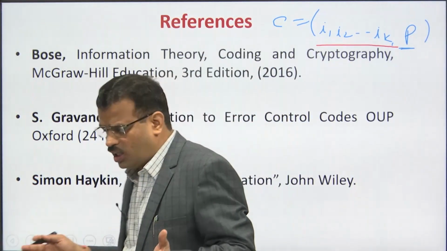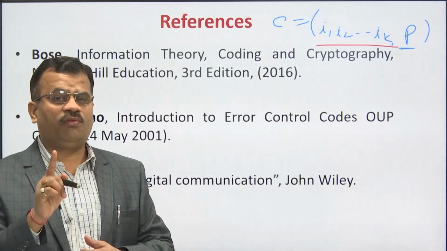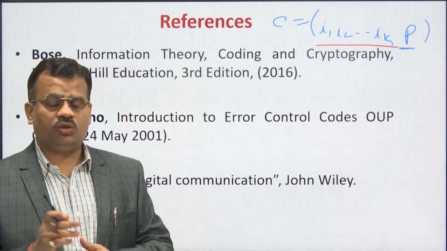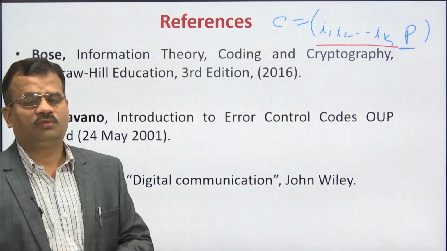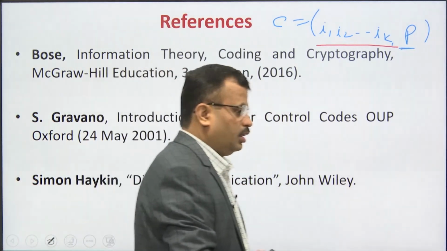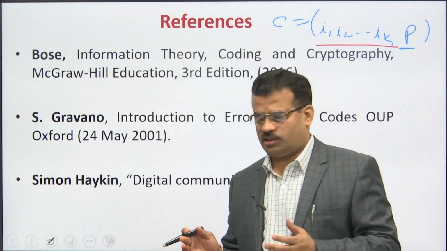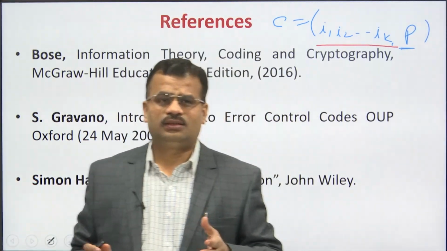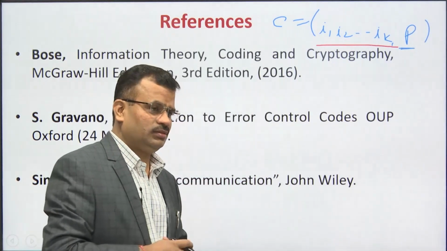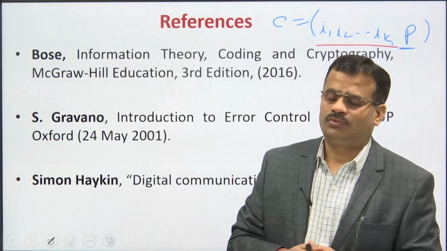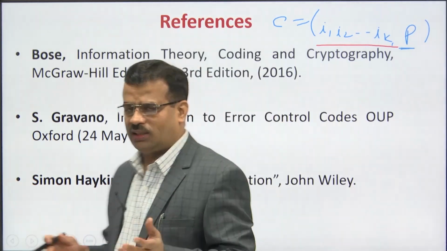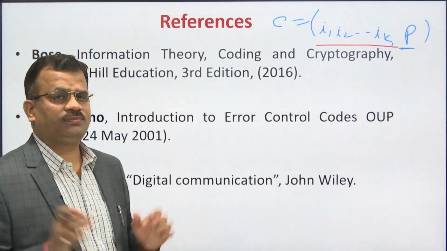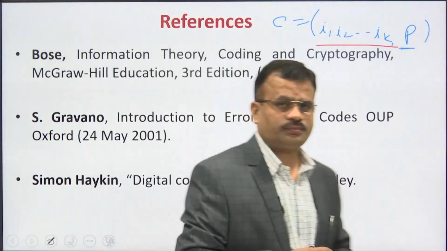If I am talking about a single parity check code, only one parity bit will be there, either 0 or 1, depending upon our code. And from single parity check codes, you can detect some degree of error, but you cannot correct the error. So with this code we can only detect errors, a one-bit error or at most a two-bit error, but you cannot correct the error.